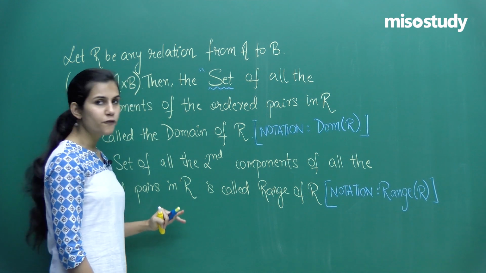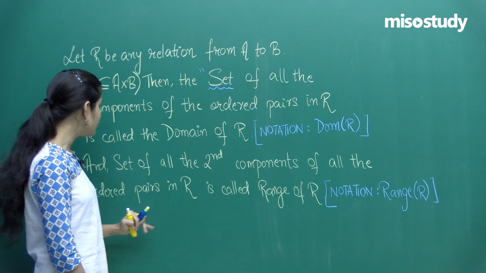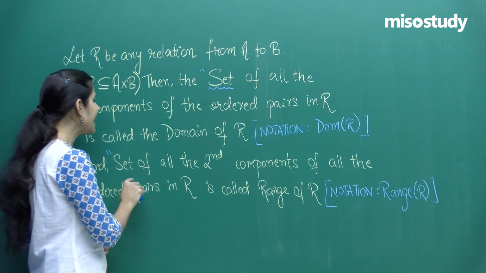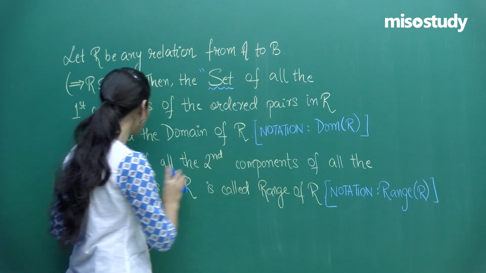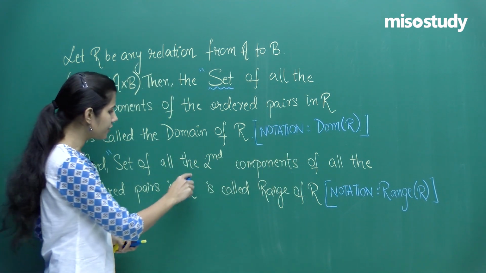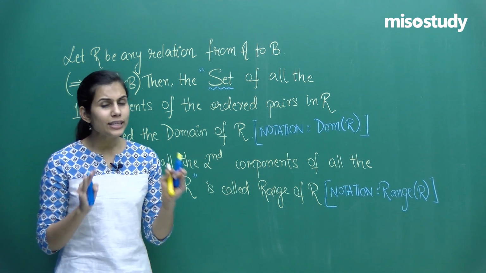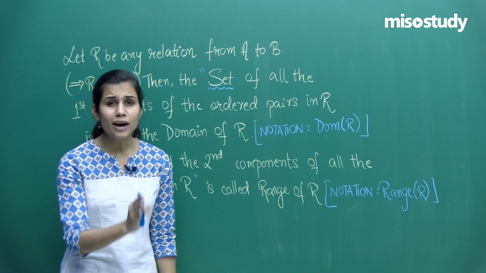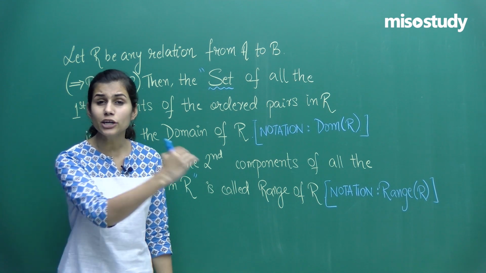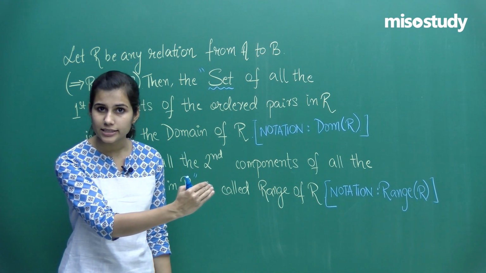If we try and focus on the definition of range, it is saying the set of all the second components of the ordered pairs in R. That means again, when you consider all the ordered pairs of R, you have to keep your focus on the second components of all the ordered pairs.